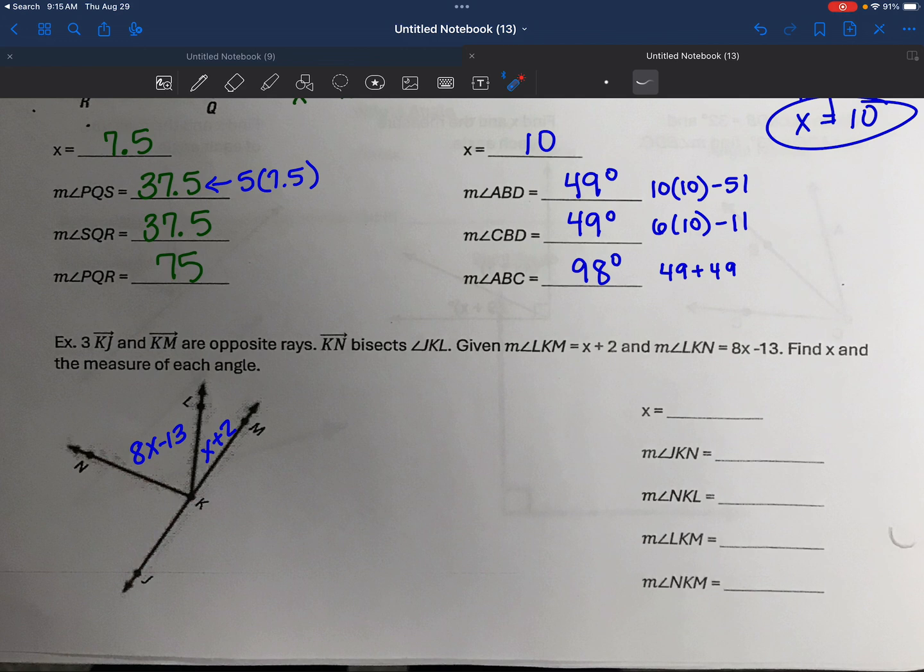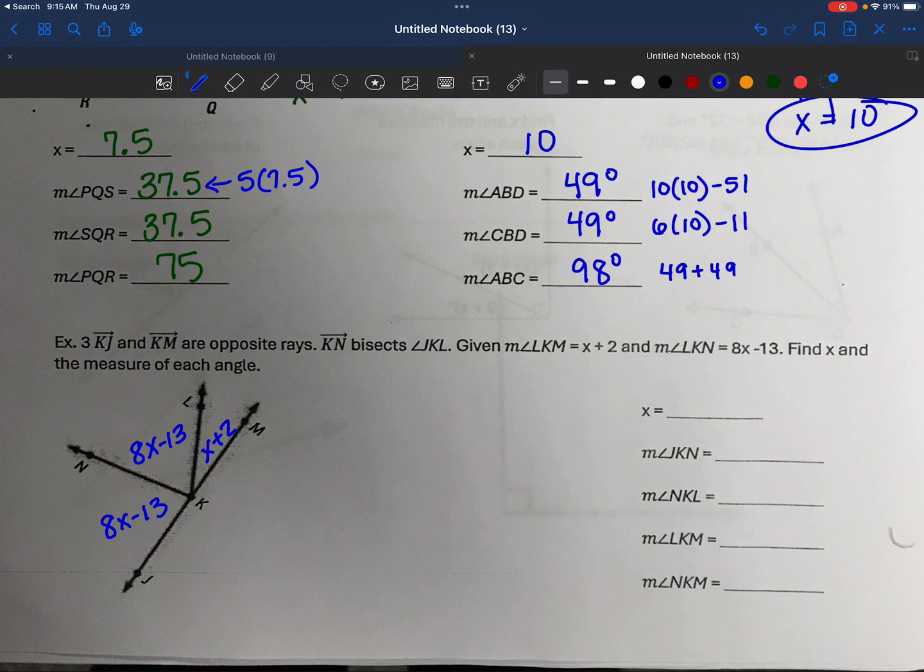So if LKN is 8x minus 13, what do I know about JKN? Same thing, 8x minus 13.